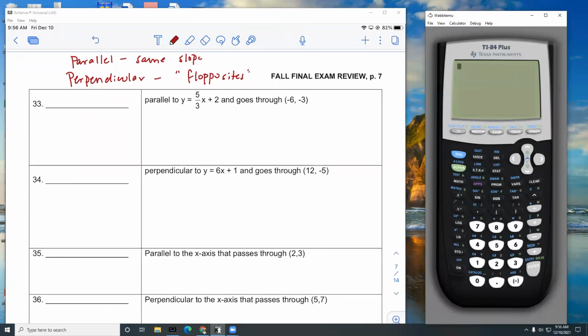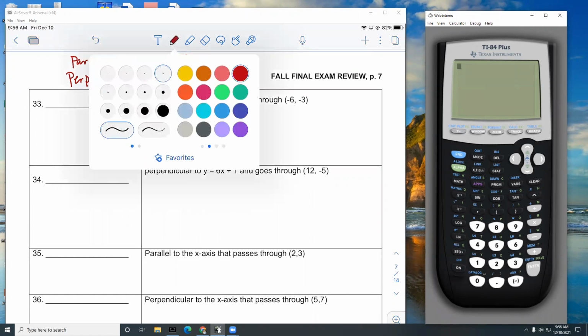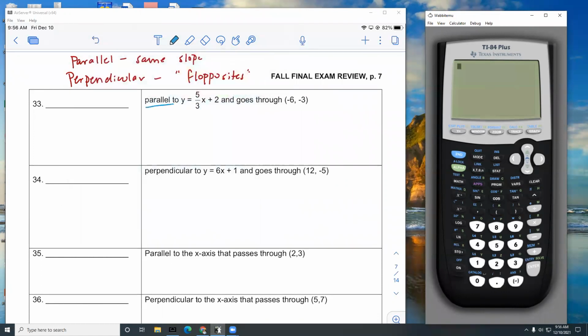All right, so we want an equation that is parallel to y equals 5/3x plus 2 and goes through the point -6, -3. Parallel is the key word. Parallel means same slope. So my slope here is 5/3. So the slope that I want is 5/3, and I want it to go through the point -6, -3.